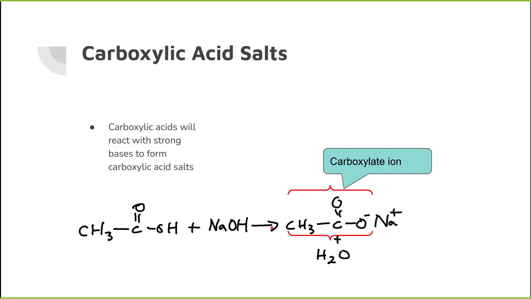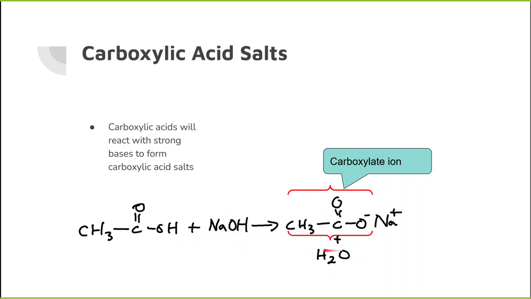What happens here is that this hydrogen gets kicked off and the sodium gets added to this, but it's an ionic bond. We end up with what's called a carboxylate ion. It's going to have a negative charge because you've lost the positive hydrogen. This positive hydrogen is going to join with the OH to give you water.